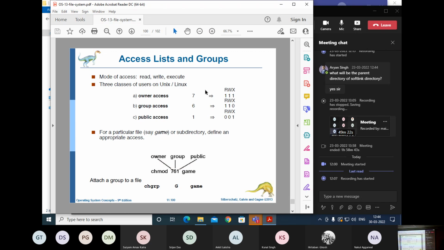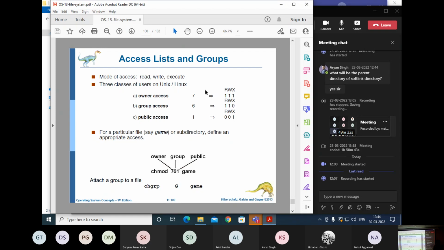So you have total how many combinations? 3 types of users, each of them with 3 permissions: read, write, and execute. Total 9 bits. That is your access control. Essentially, how would you write it?